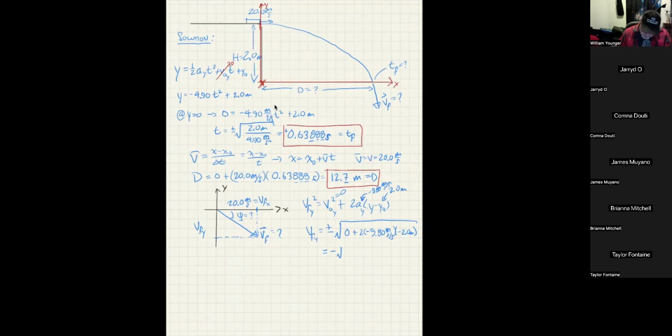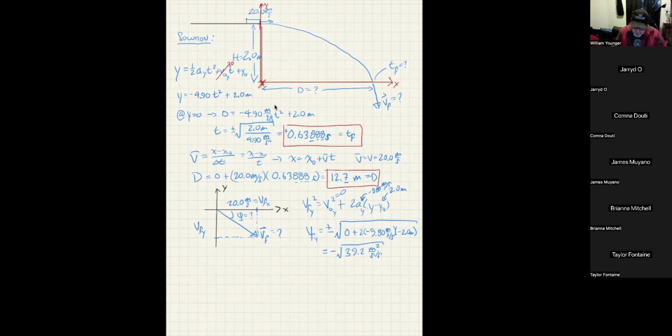So basically the square root of 39.2. And that's meters per second every second times meters, which would be meters squared per second per second. Remember, I told you mathematically, meters per second every second is the same thing as meters per second squared.